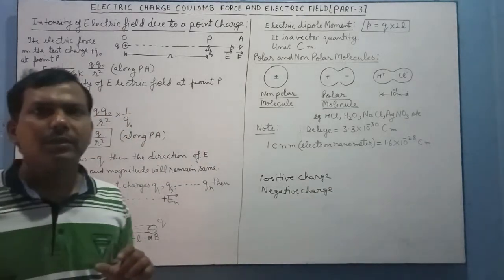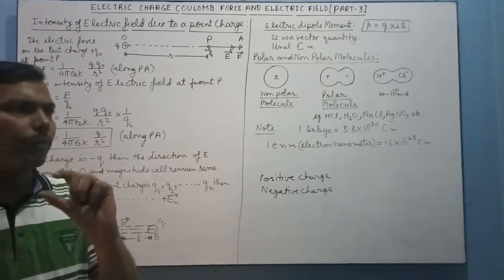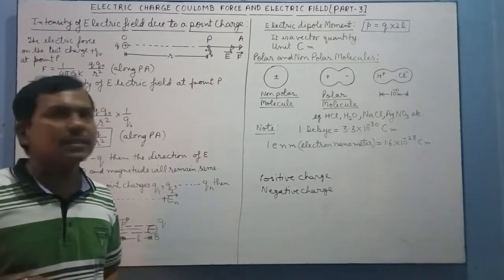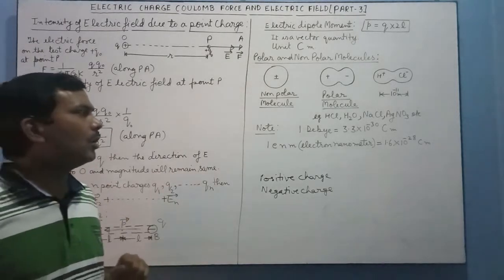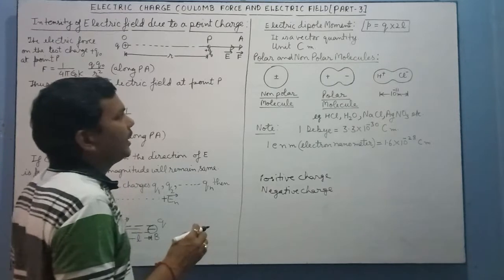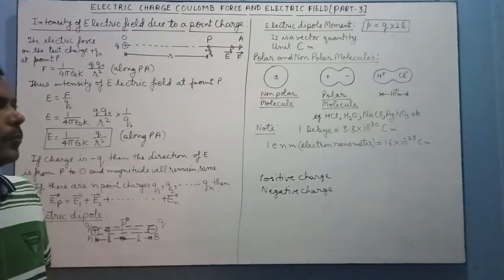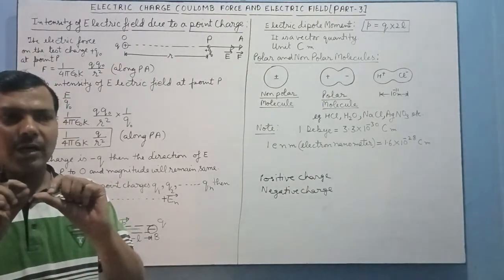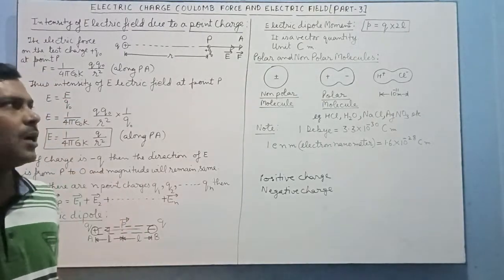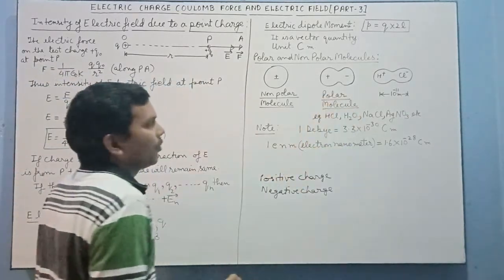If the centers of distribution of both of these charges lie at the same point in the molecule, then it is known as non-polar molecule. And if the centers are a little far apart from each other, then it is known as polar molecule.